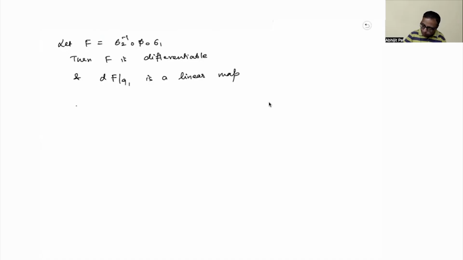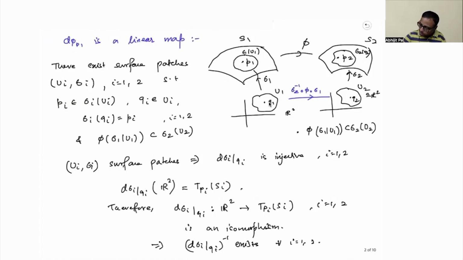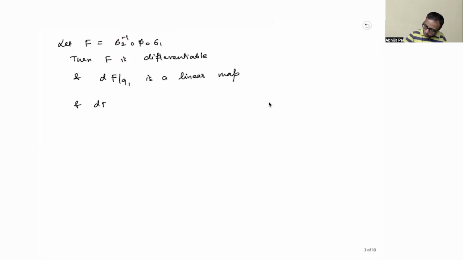From this diagram, it is clear that this differential at the point Q1 is equal to T sigma 2 at the point Q2, inverse of this, compose D phi at the point P1, compose D sigma 1 at the point Q1. So I have this thing.